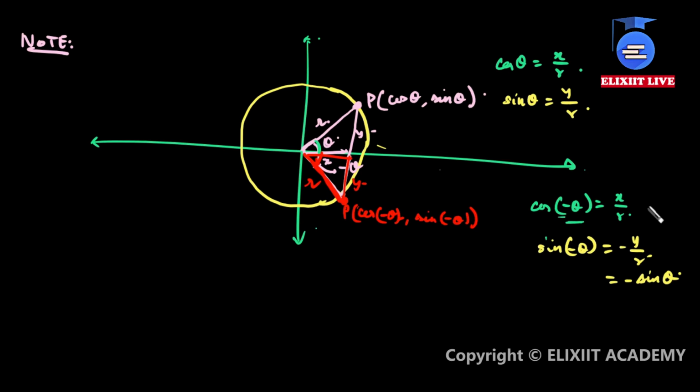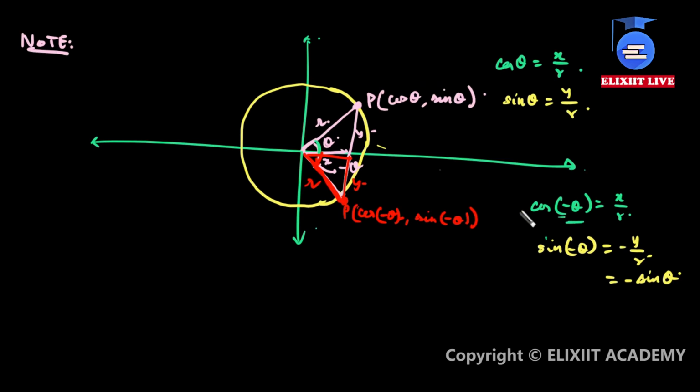Sine theta was initially y by r, so minus y by r means minus sine theta. So sine of minus theta is actually minus sine theta.